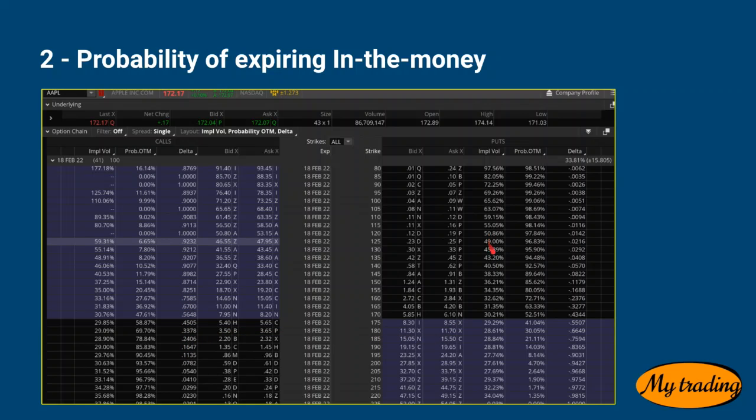Here's a put at a delta of roughly 12, and you can see that it's about 85%. So they're not exact, but they get pretty close, right? This one here is real close. So generally speaking, if I want a very rough estimate of what are the chances of getting to that point at expiration, delta will tell me that.